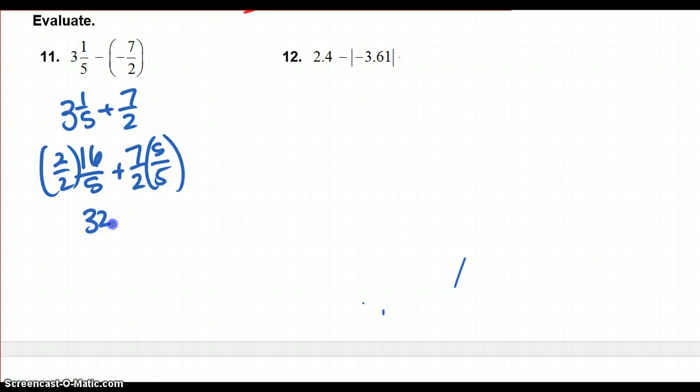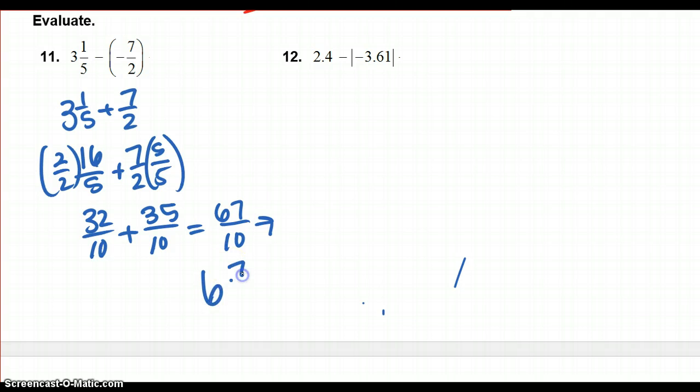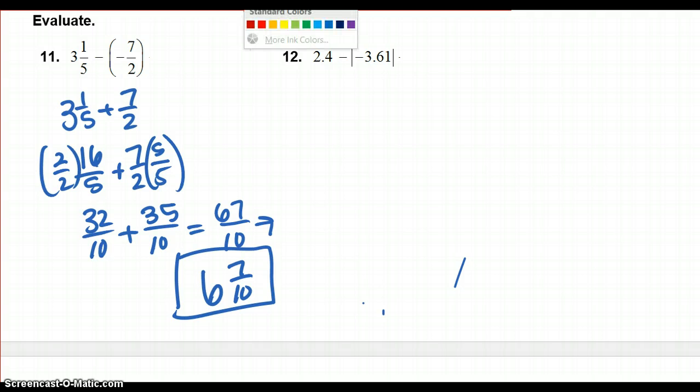I get 32 over 10 plus 35 over 10. Add the numerators. I get 67 over 10. Change it into a mixed number. I get 6 7/10 positive.